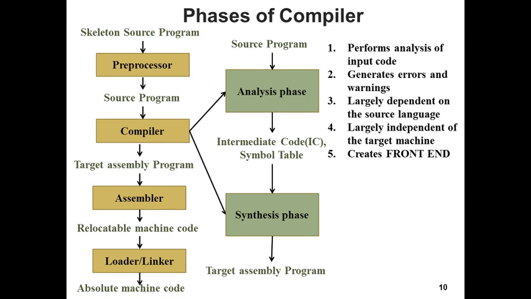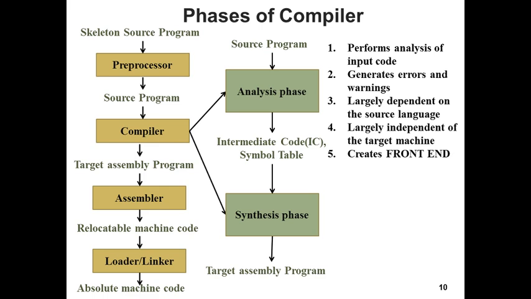The role of the analysis phase is that it performs analysis of the input code, it scans the entire code, then it generates the errors and warnings, and hence it is largely dependent on the source program, in which language the program is written. If it is written in C, C++, Java or Python, the analysis will differ depending on the programming language used.